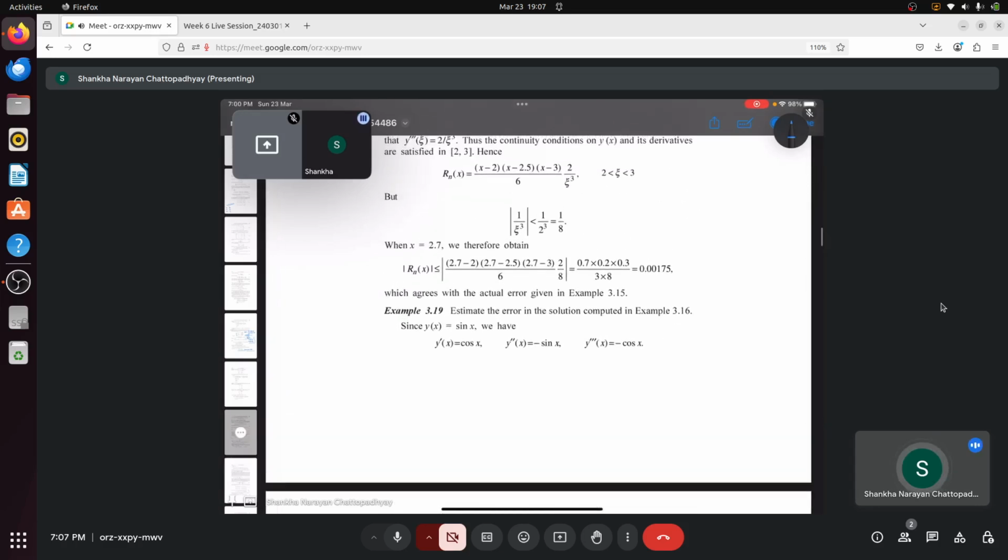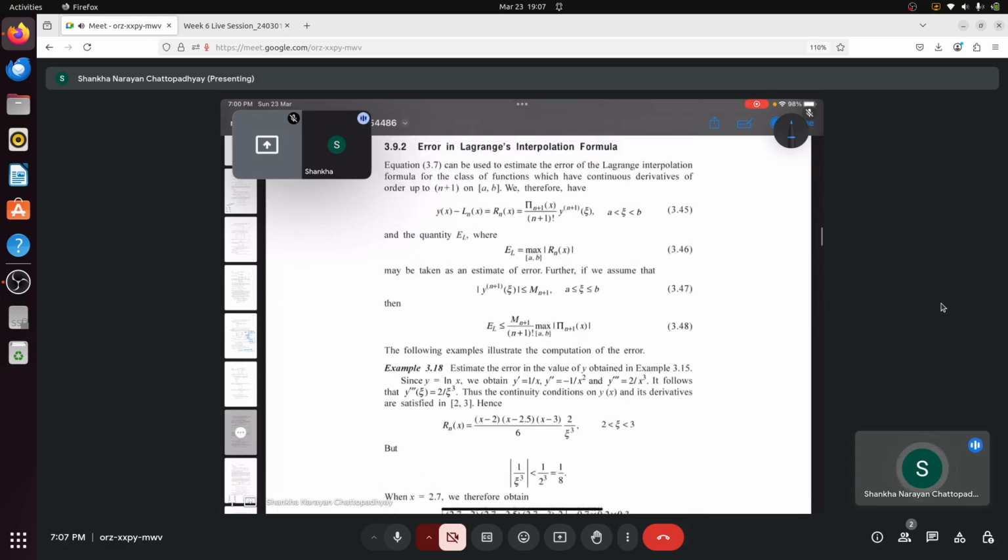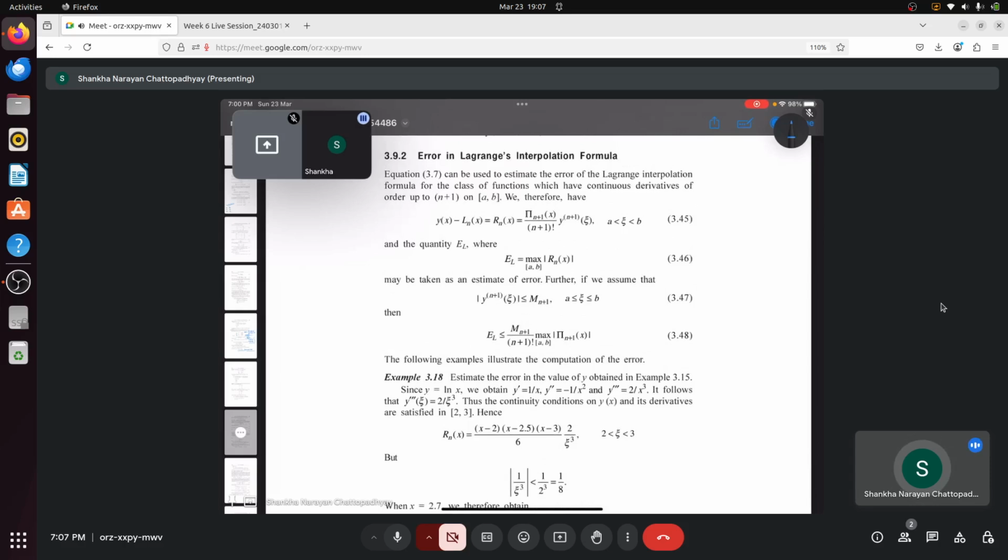I will briefly discuss the error in Lagrange's interpolation formula, say for y equal to ln x. So you have 3 points given. What you need to determine is the third order derivative of y.